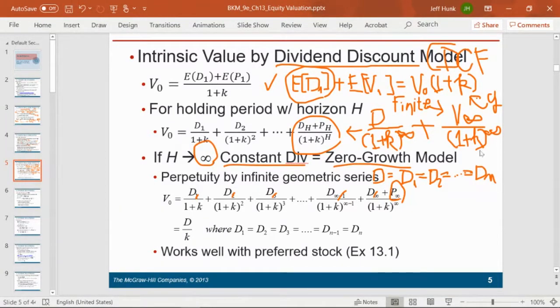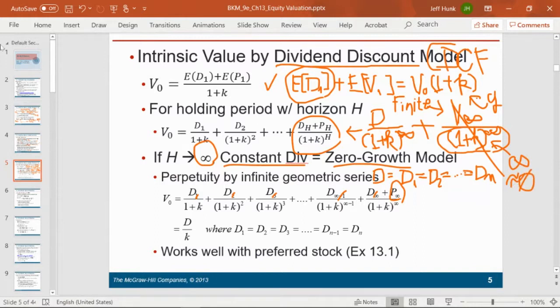In other words, the denominator by itself becomes infinity. Now think about it. You're dividing a finite number by an infinitely large number. What's this going to be? It's going to be close to zero, right?